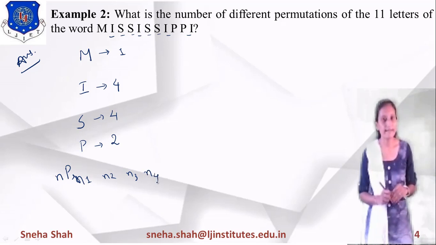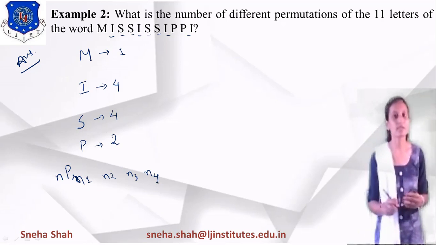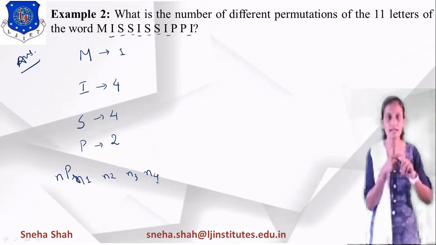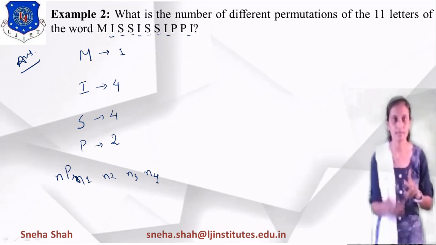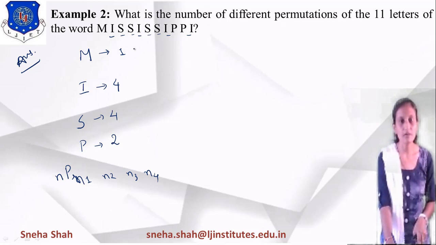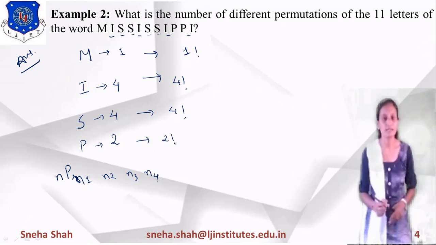Now to find this nP n1, n2, n3 and n4, we have to find n1 factorial, n2 factorial, n3 factorial and n4 factorial. The number of M is 1, so it gives 1 factorial. Same way, the number of I is 4, so it gives 4 factorial. Same way for S it's 4 factorial and this one is 2 factorial, right?